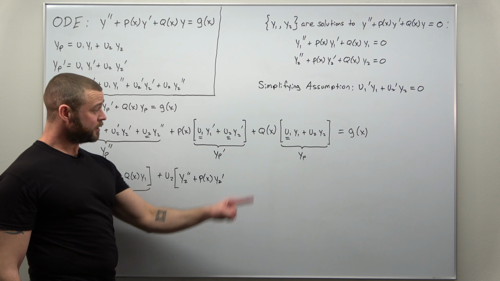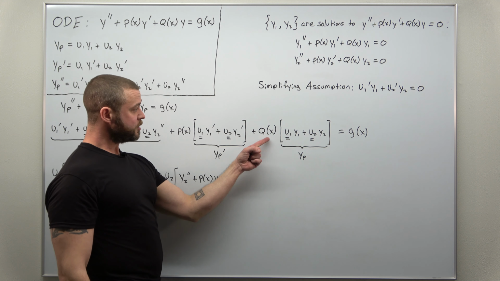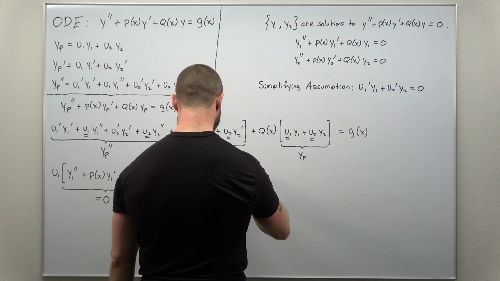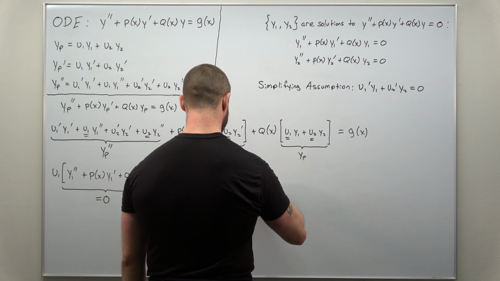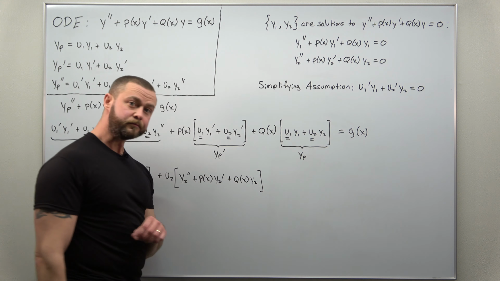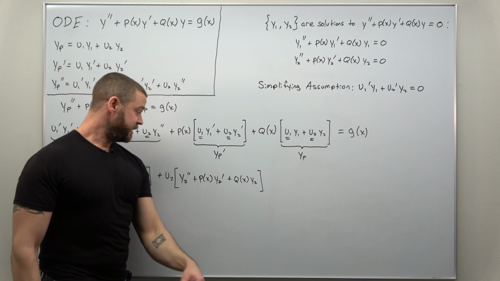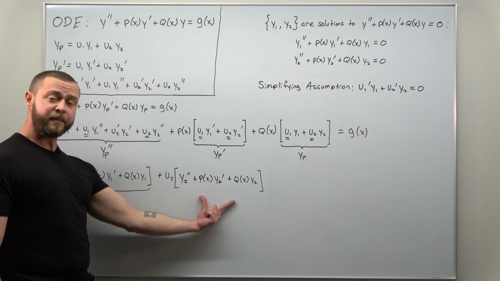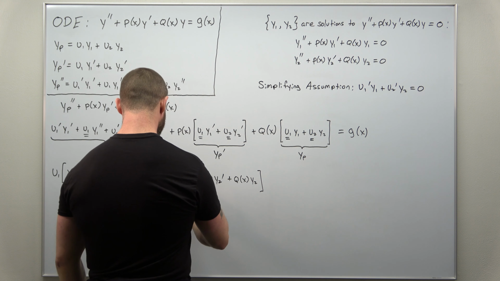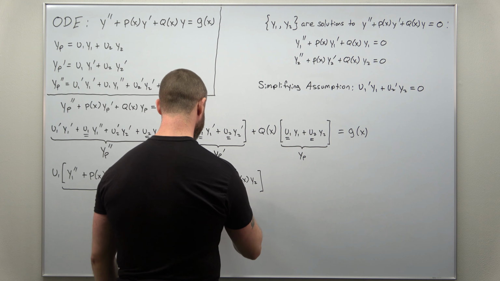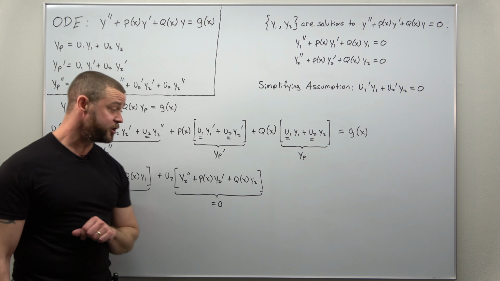And we should have another u2 term here. We'll be left with q of x times y2. And since y2 is a solution to the homogeneous ODE, this combination of y2 and its derivatives also equals 0, because we are assuming y2 is a solution to the homogeneous ODE.